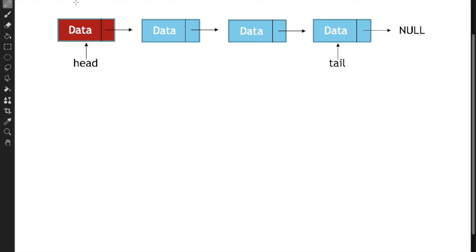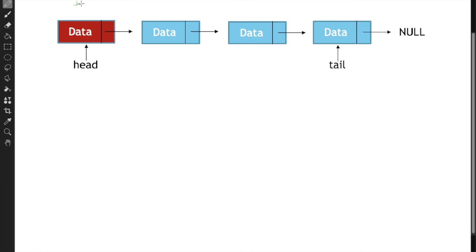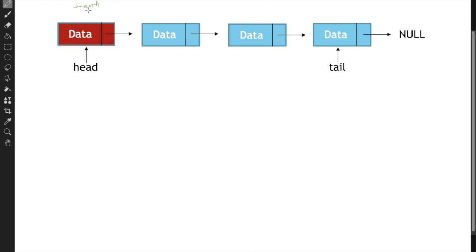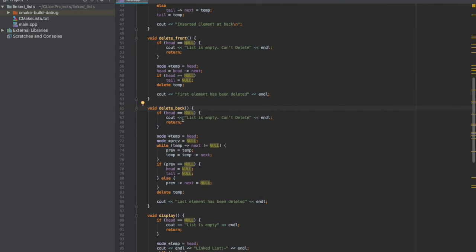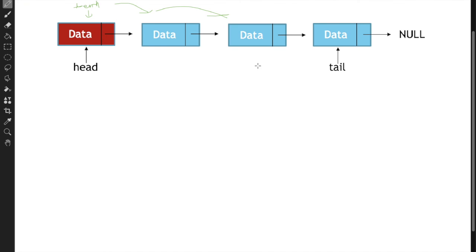So we'll traverse in the same way. We assign temp to head, then we traverse. Eventually we're going to come to a place where, so we are using priv and temp.